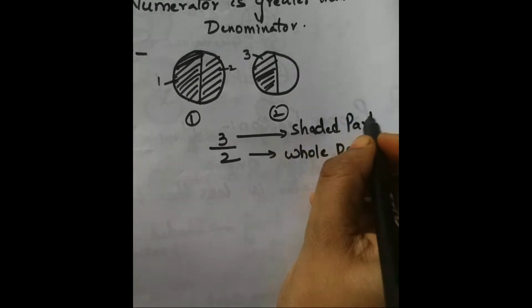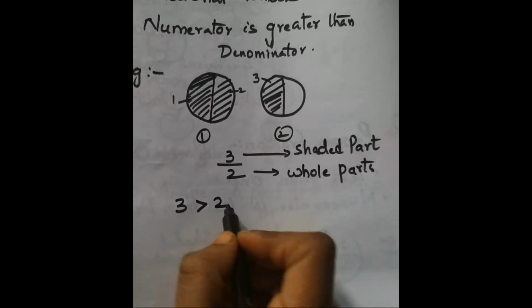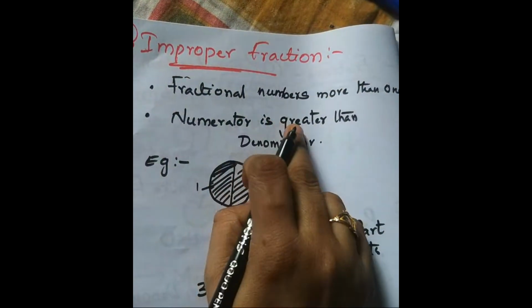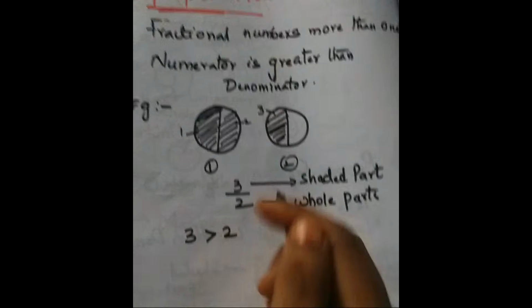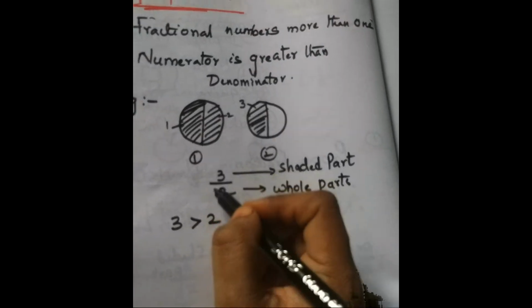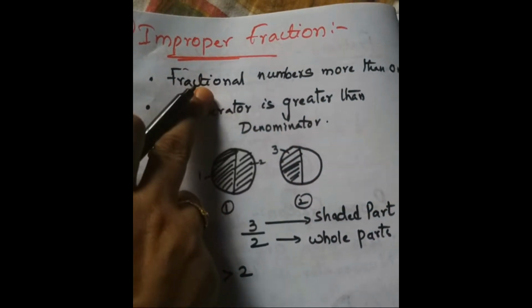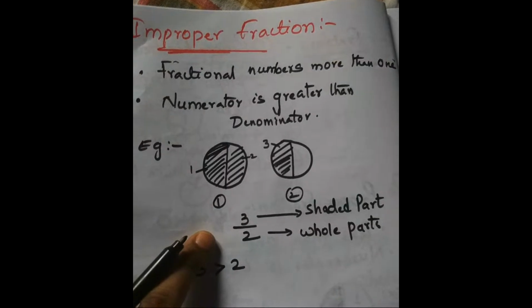So, in this fraction, numerator 3 is greater than 2. And this fraction is more than 1, not less than 1. Two points are seen in this example for identifying the improper fraction.